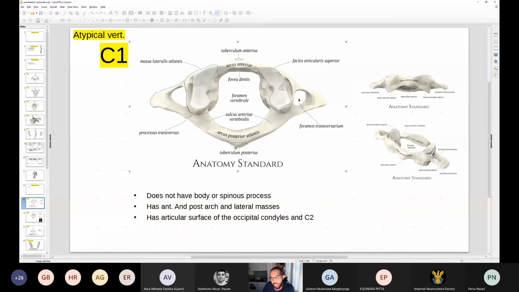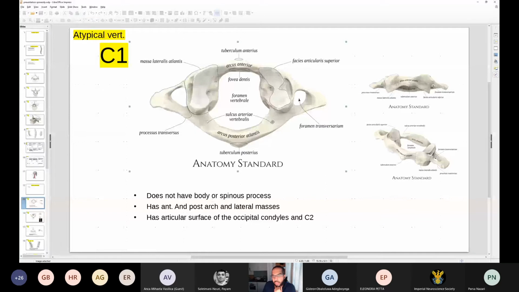So we said that each vertebra will have a body and an arch. So this doesn't have a body, but it has an arch. The arch is divided into anterior and posterior arches. When you talk about the atlas, you just say the anterior arch and the posterior arch.